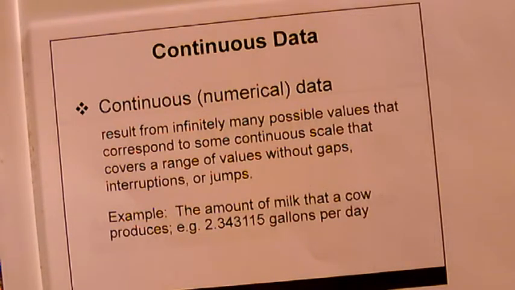Any data value that can be measured to a precise number, and is usually in the form of a decimal, that would be continuous data. Now, the only exception to that would probably be money, because the amount of money that you have in your pocket would be considered discrete data, because we can count how much money we have.